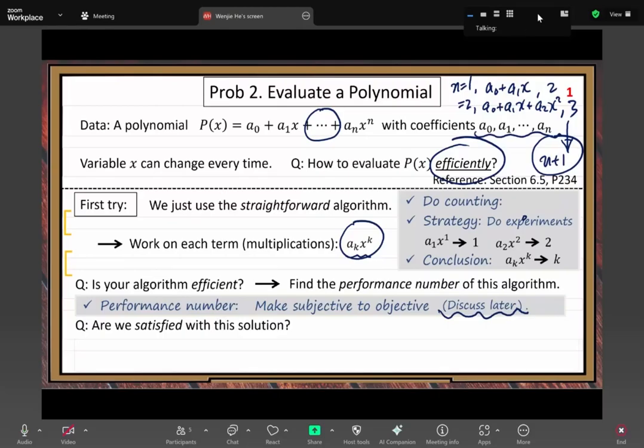So in order to answer whether we are satisfied with this solution, we need to think about whether we can have other solutions, different ways to find the value of this polynomial. That's our next question.